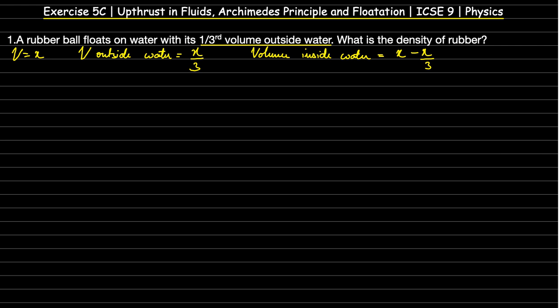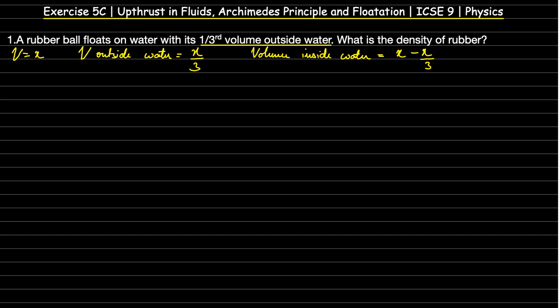It's like, let's say, out of 100 rupees, 30 rupees is taken by your friend. How much amount is left with you? It's the total amount minus the amount taken by your friend. Similarly here, the total volume was x, the volume outside water was x by 3, so the volume inside water will be x minus x by 3.